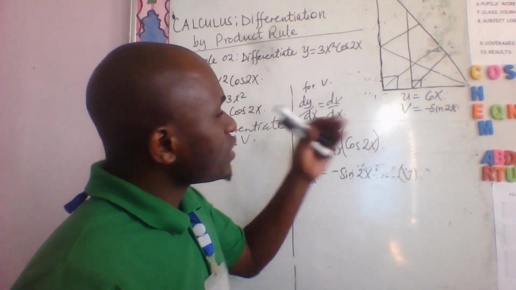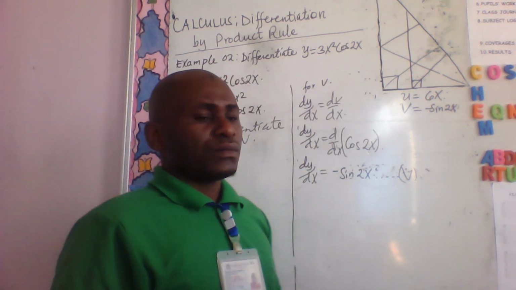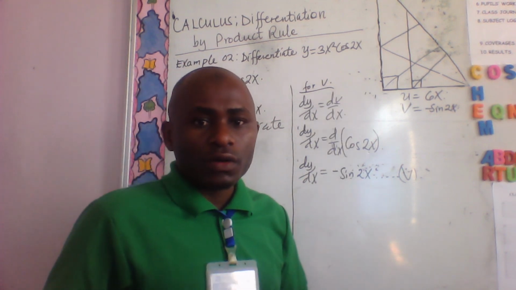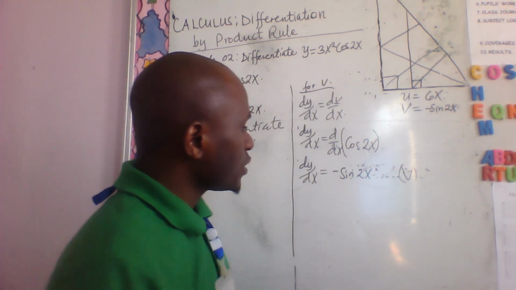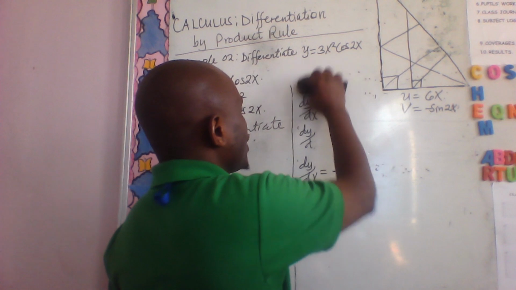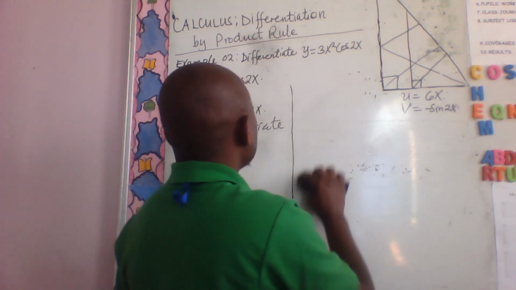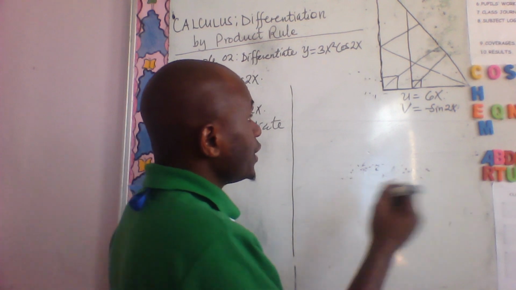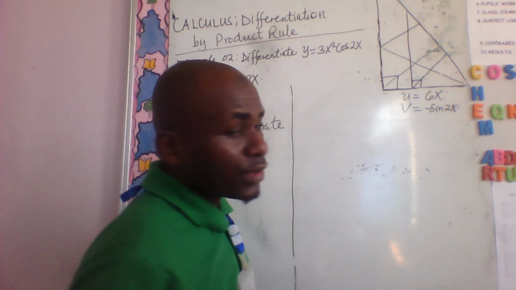After getting this value, let us recall the product rule which we are going to use in order to get that answer. So here we're going into the product rule.